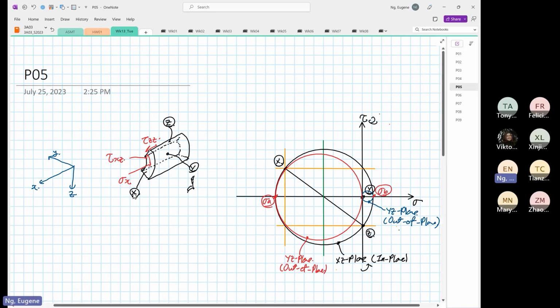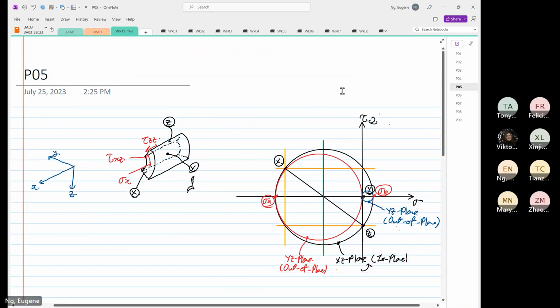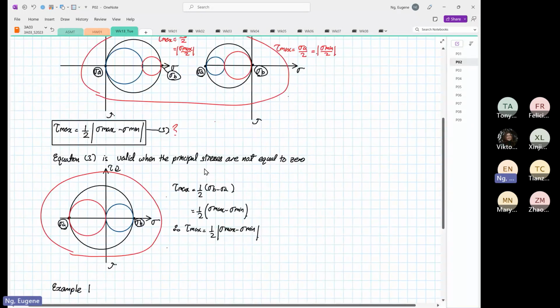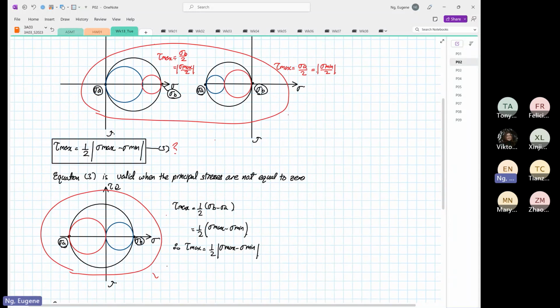So from here, we realize that the Mohr circle that we've just drawn is similar to this condition over here, right?